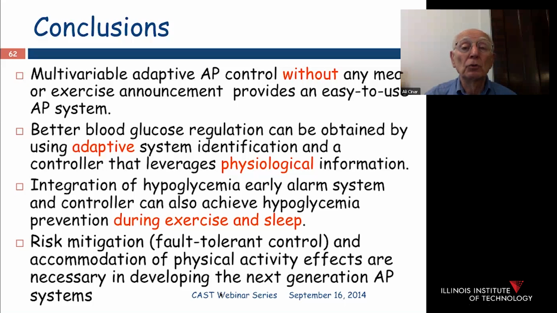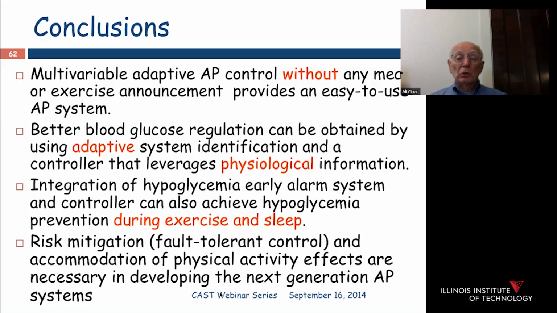which are first that multivariable adaptive artificial pancreas control without any meal or exercise announcement provides an easy-to-use system that may be more in demand with especially the younger generation of physically active patients with type 1 diabetes. And use of adaptive system identification and leveraging of the physiological information can lead to better glucose regulation.